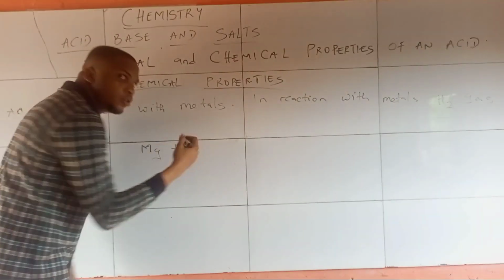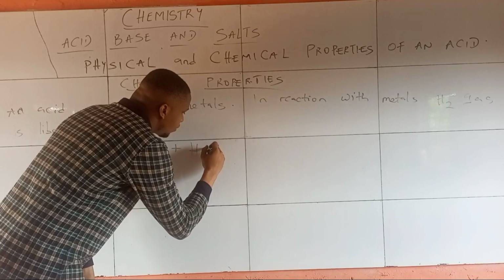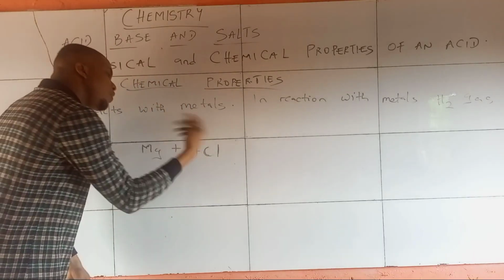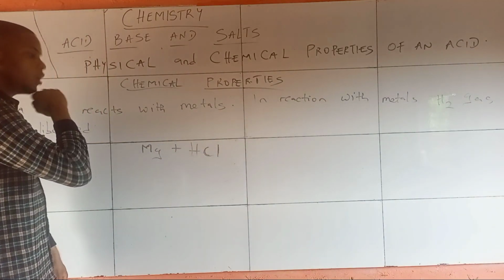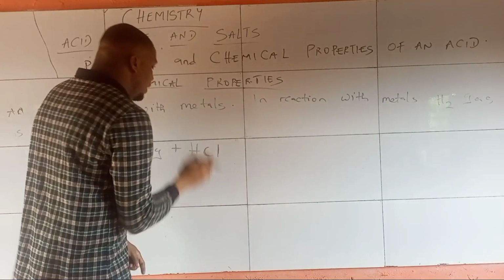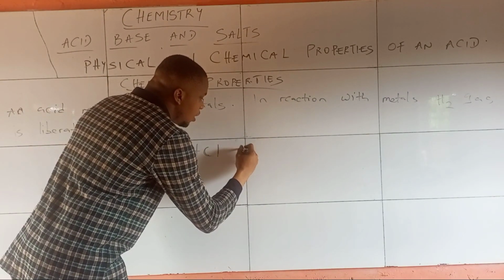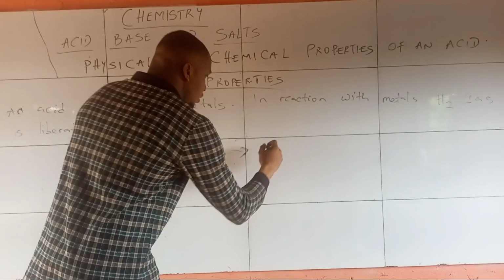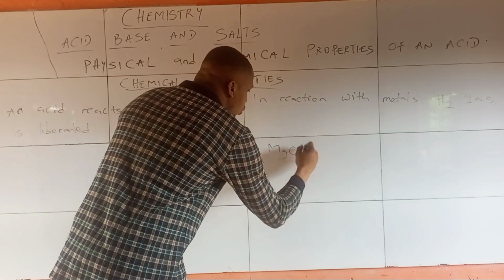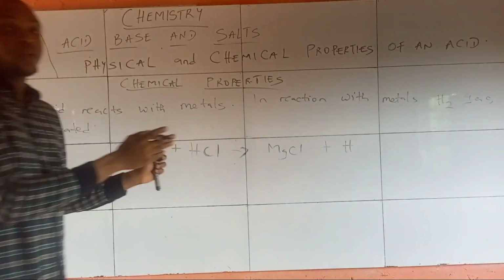Let's say HCl, hydrochloric acid. Let's just go with this one. Magnesium with hydrochloric acid. This will give us magnesium chloride plus hydrogen.